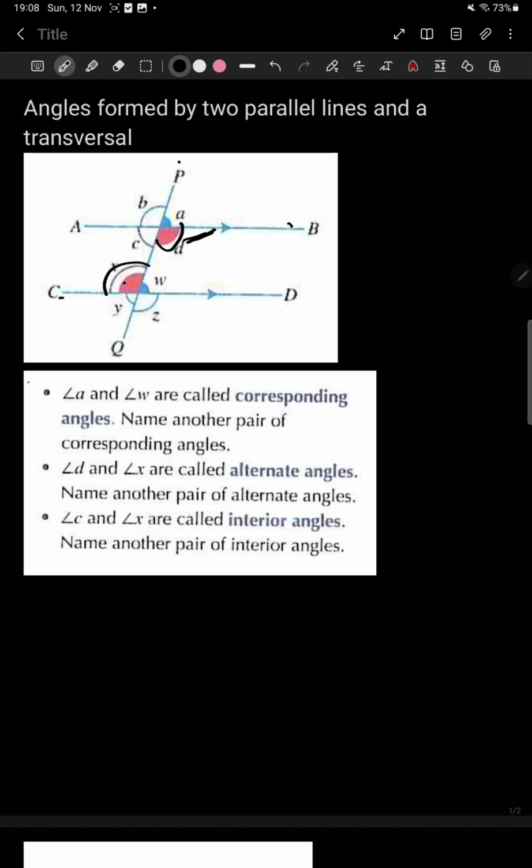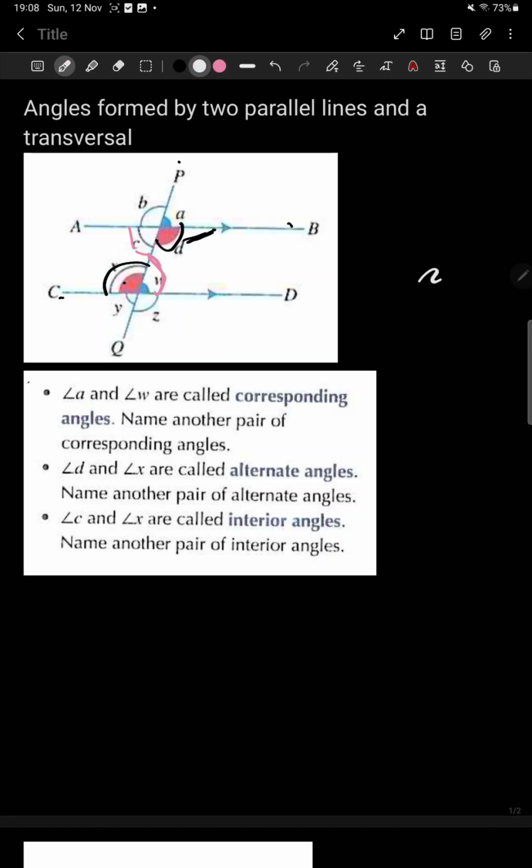This is called alternate angles. And for the other set of alternate angles, we can say that W is alternate to C. So when the transversal is cutting these two parallel lines, the alternate angles must be equal to each other.